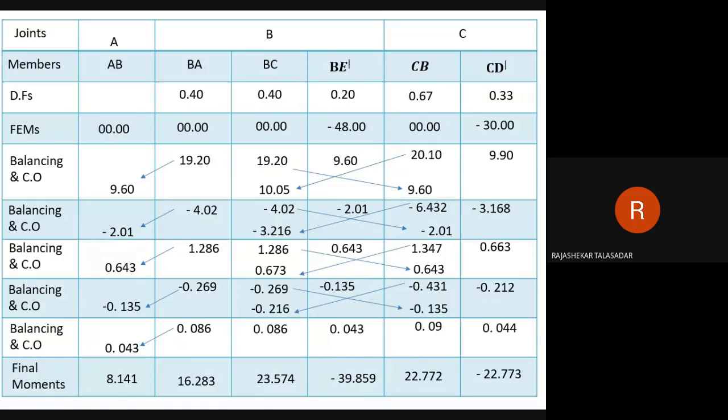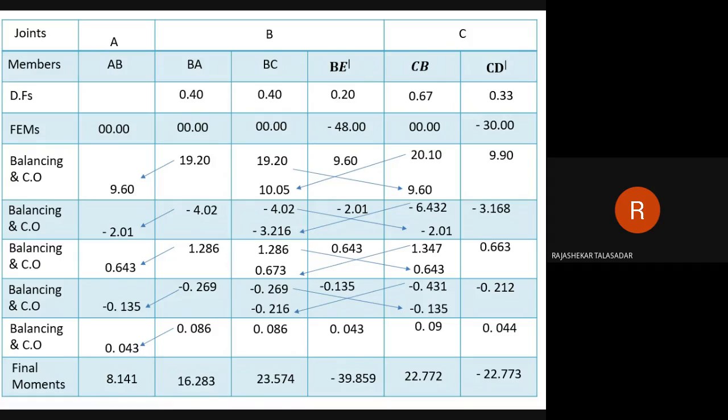Similarly, plus 2.01 into 0.67 comes 1.347. Plus 2.01 into 0.33, you will get 0.663. If you carry over, this will be 0.643, this will be 0.643, this will be 0.673, and this is not carrying over because those ends are not here.